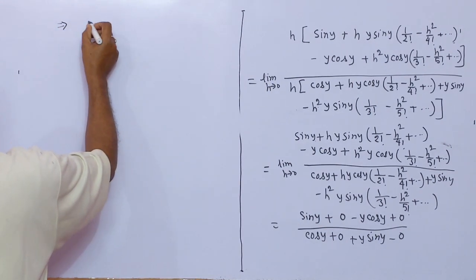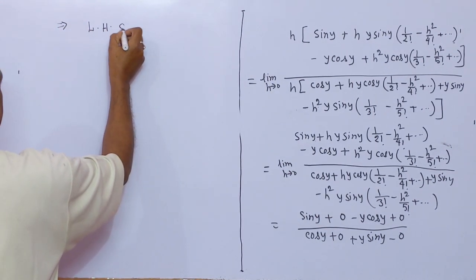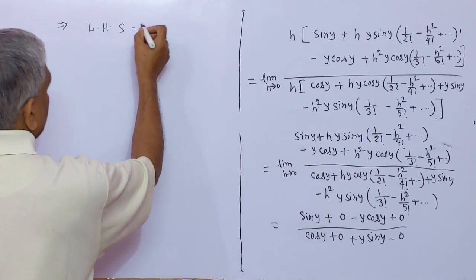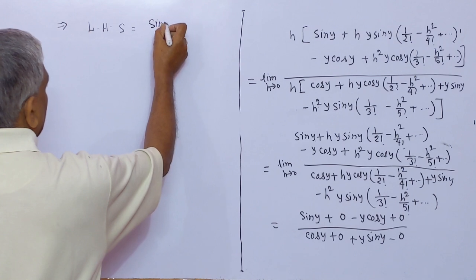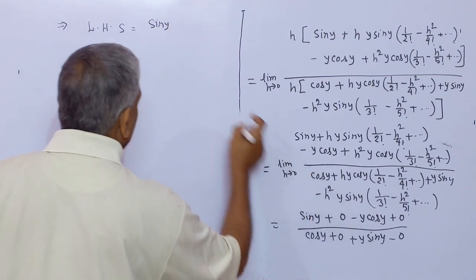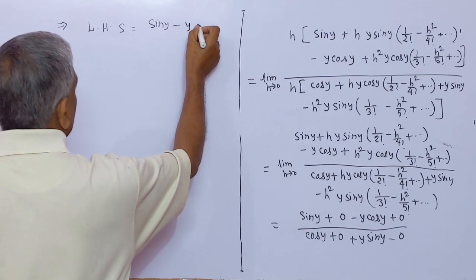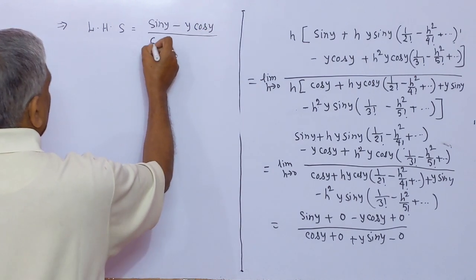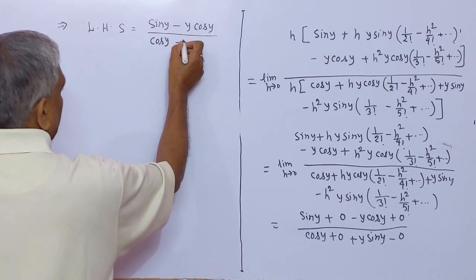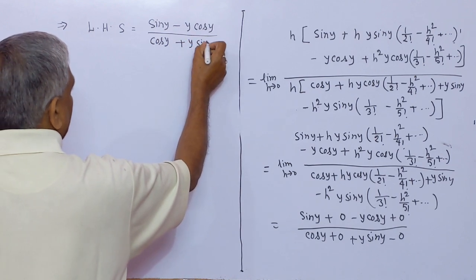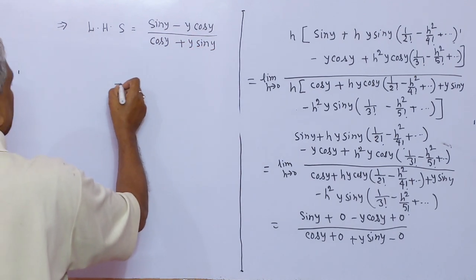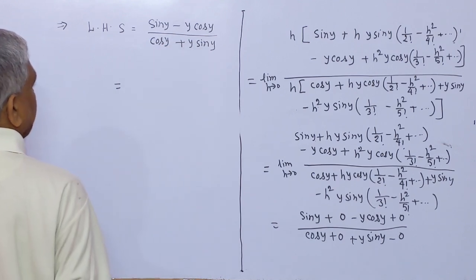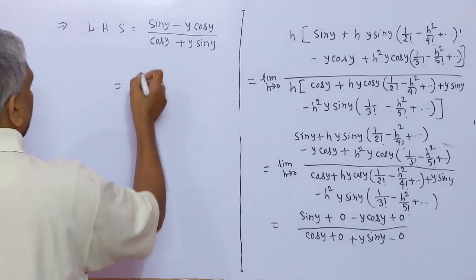Implies that left hand side equal to here sin y minus y cos y by cos y plus y sin y. This is equal to, we divide numerator and denominator by cos y.